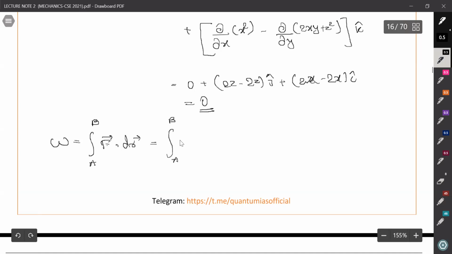A to B, 2xy plus z square dx plus x square dy plus 2xz dz.